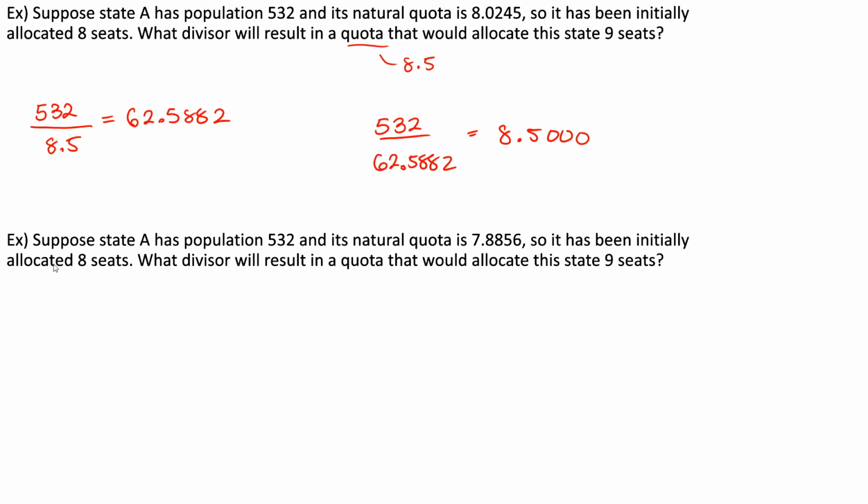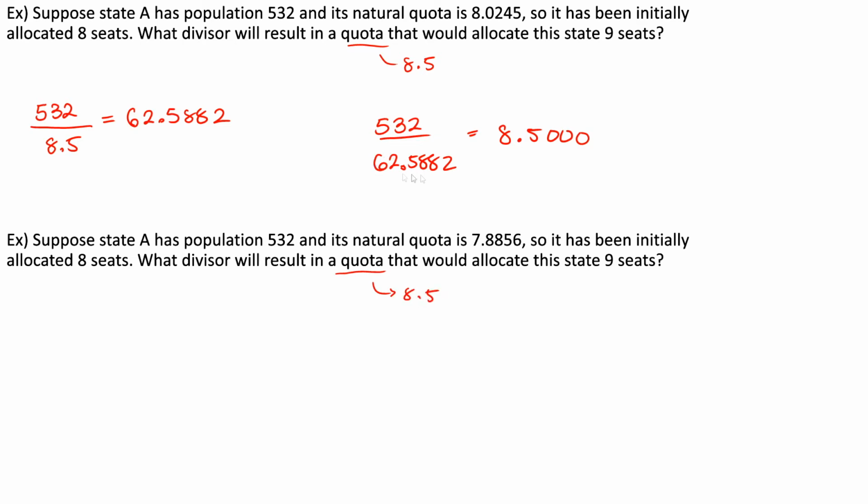Now let's look at another example. Suppose state A has a population of 532 and its natural quota is 7.8856. So it has initially been allocated 8 seats. What divisor will result in a quota that would allocate this state 9 seats? So here, this number rounded up. In our first example, we looked at a quota that normally rounded down. Here we're looking at a quota that would round up. So again, we would need the quota to end up coming out to 8.5.